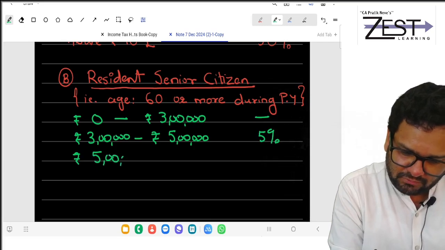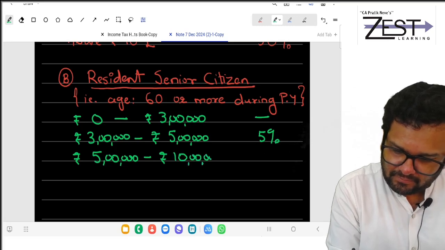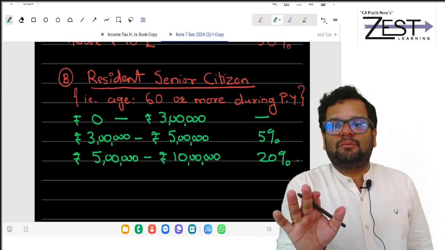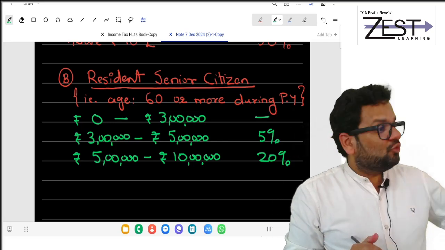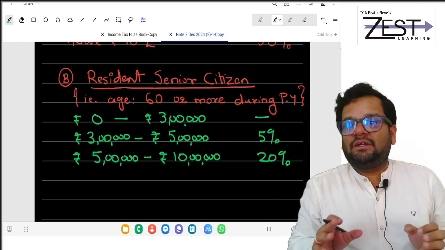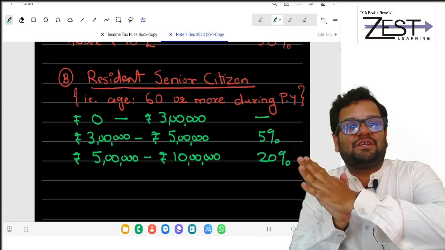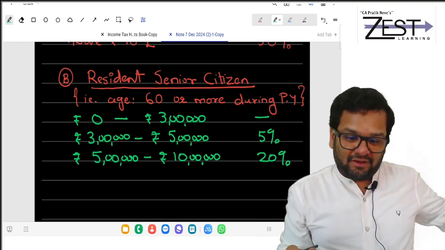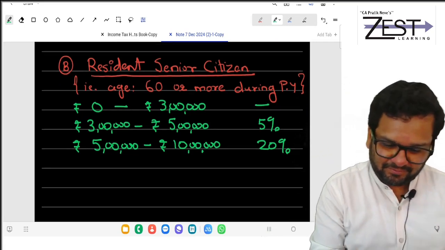5 lakh to 10 lakh, tax will be at 20%. So easy to remember, between 5 to 10 it will always be at 20, and up to 5 it will always be at 5. But only thing is, for resident super senior citizen, the basic exemption limit, means no tax, was till first 5 lakhs, and for resident senior citizen 3 lakhs.